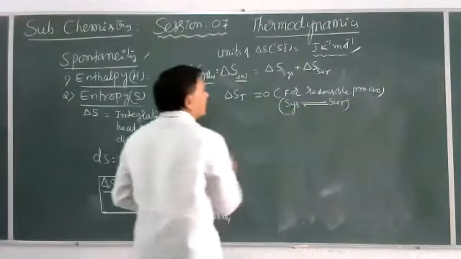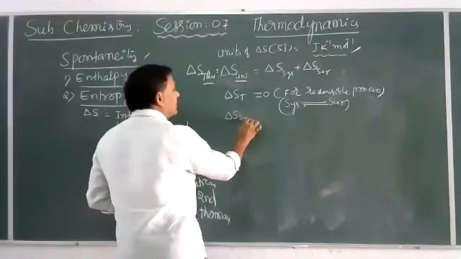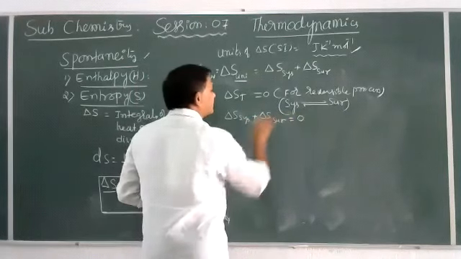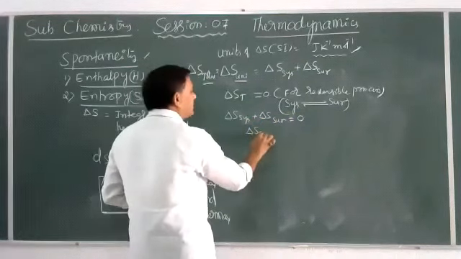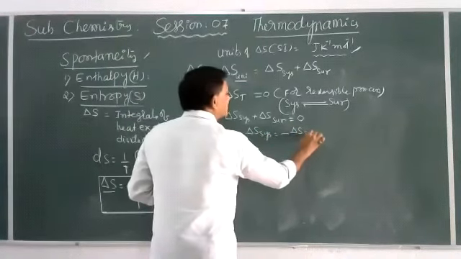Now, according to this, delta S system plus delta S surroundings is equal to 0. Delta S system is equal to minus delta S surroundings.